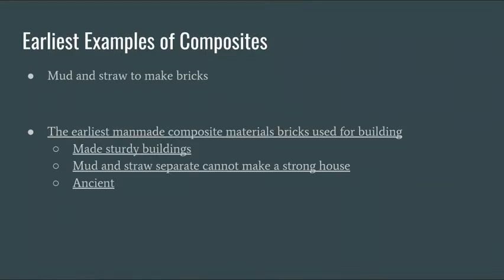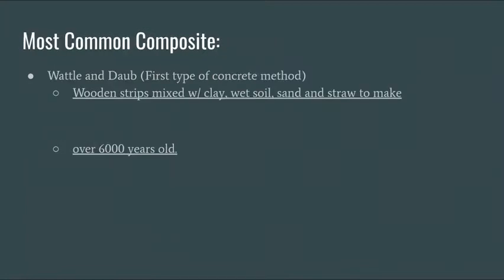Usually we have better techniques now that other things have been made, like another common example is wattle and daub. It's the first type of concrete method. So what I have underlined is what you should put in your notes for this section. So wattle and daub is really wooden strips mixed with clay, wet soil, sand, and straw to make bricks.